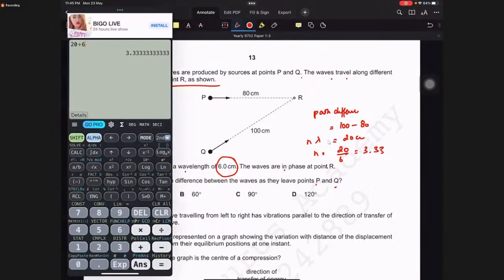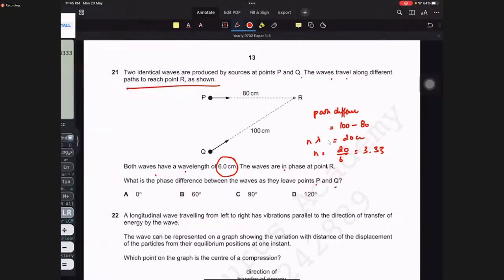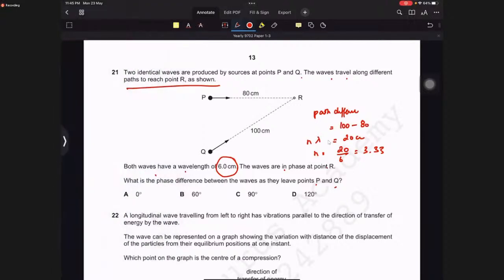Okay, now let's understand this. One wavelength is equal to 360 degrees. So a wavelength of 6 is equal to 360 degrees. Then 3.33 would be how many degrees? You cross multiply.